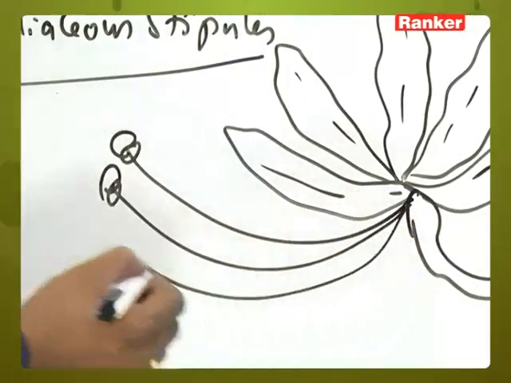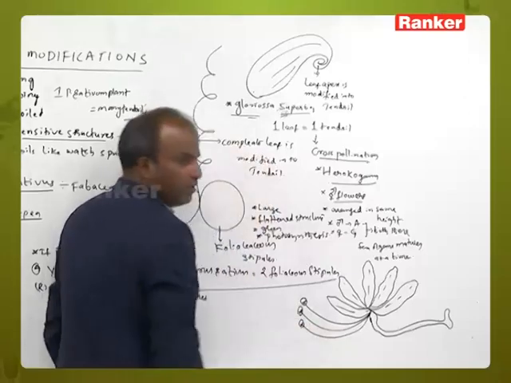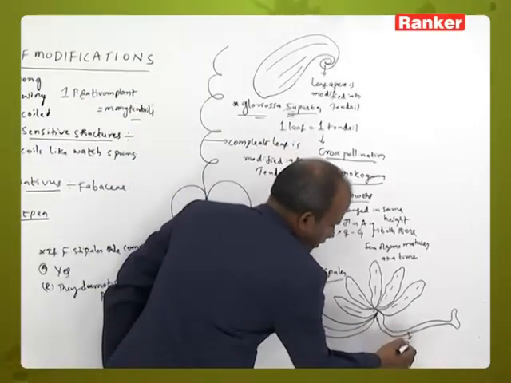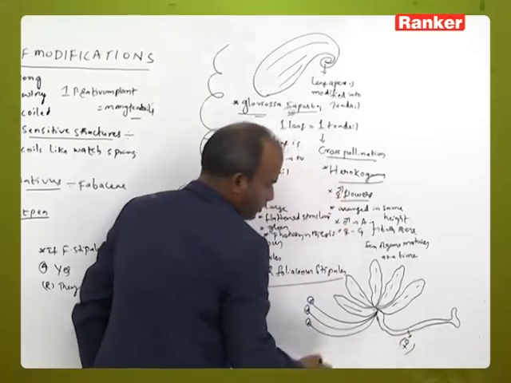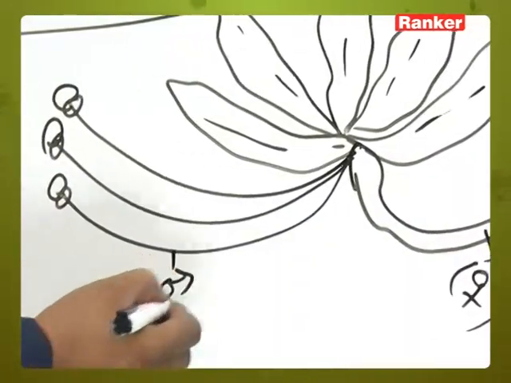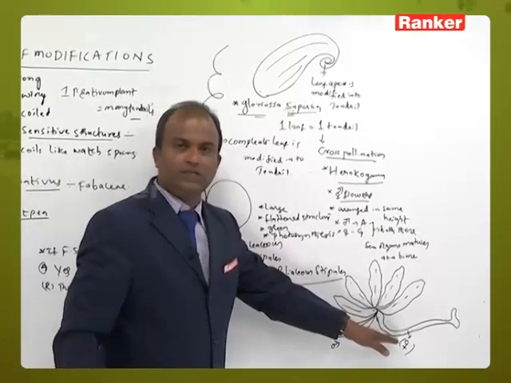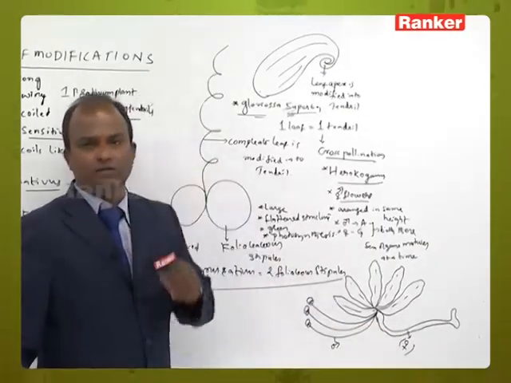That means the female sex organ, the gynoecium, and the male sex organ, the androecium, are present at opposite ends.